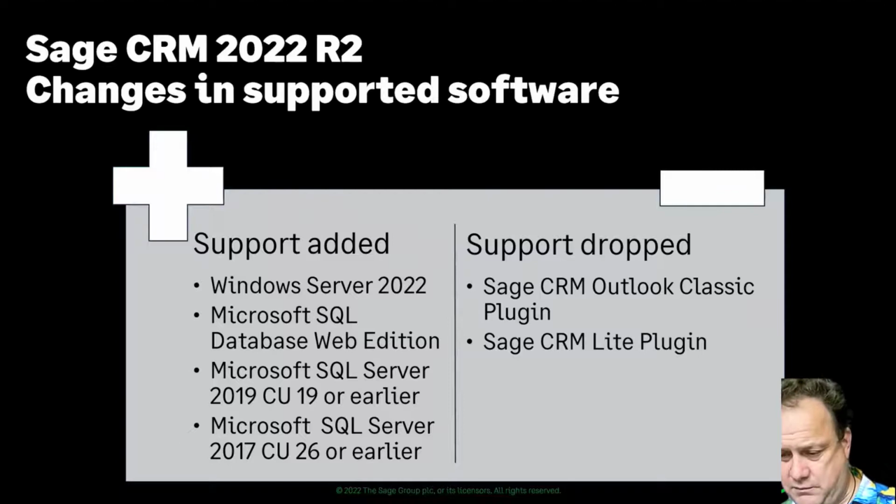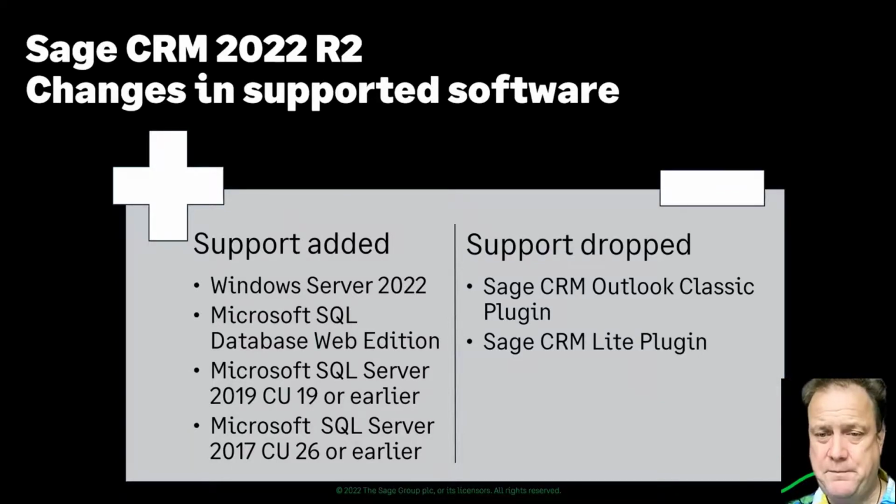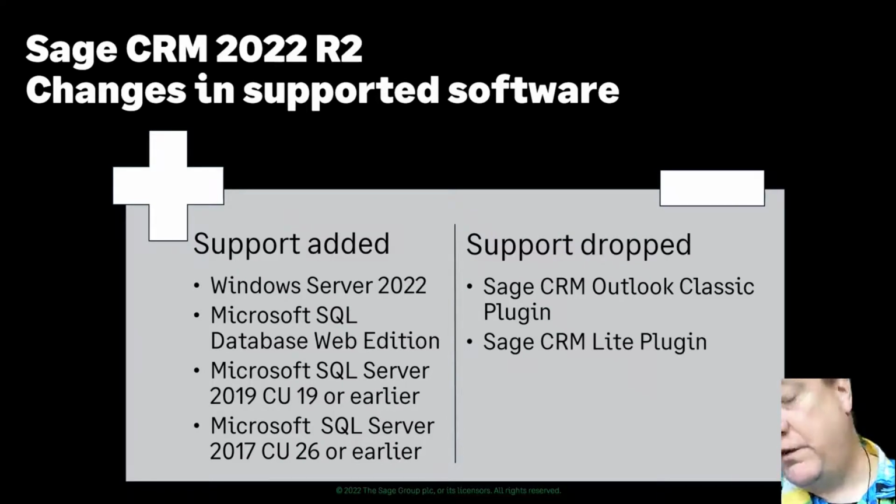We've publicized the changes to supported software. So for 2022 R2, we've added support for Windows Server, which has been asked for a lot, because we've had availability for Windows Server for a little while, but it missed the development slot for 2022 R1.